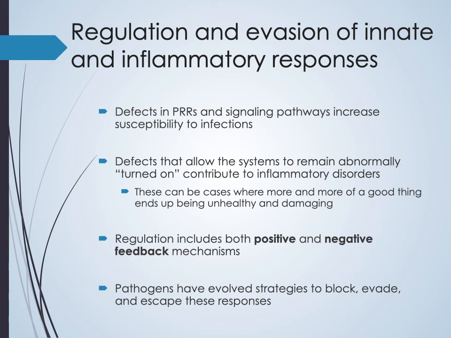So, type 1 to type 2 diabetes, part of the issue with wound healing is that they're under chronic inflammation. Okay. And so with regulation, there's going to be both positive and negative mechanisms in allowing that to happen. And again, pathogens are going to have ways to get around and evade these responses. And so the table we're going to look at next looks at some of these different strategies.